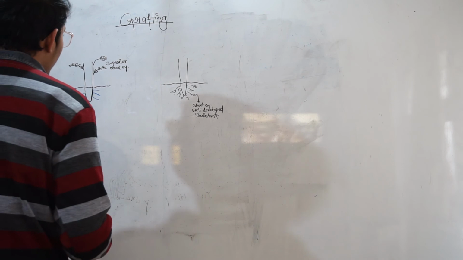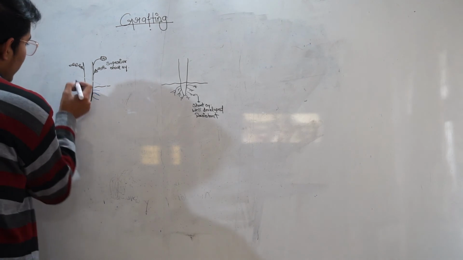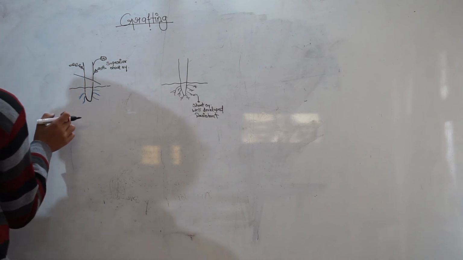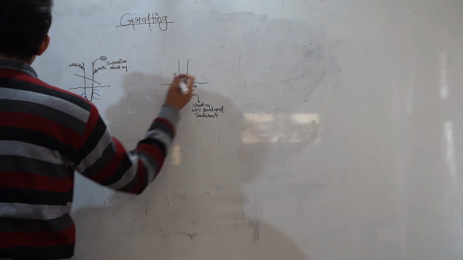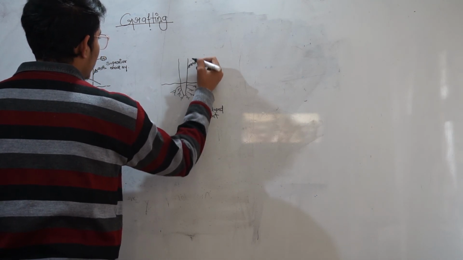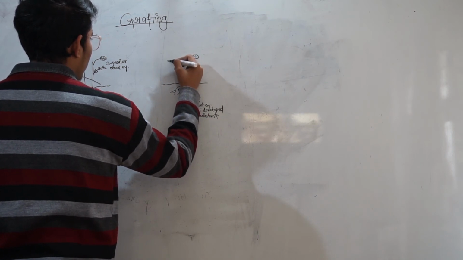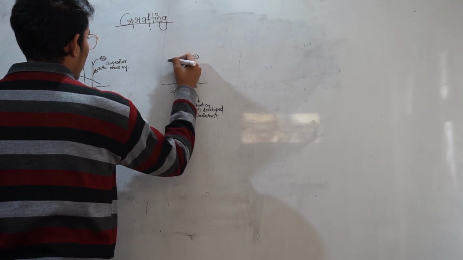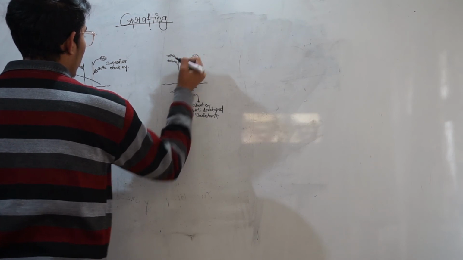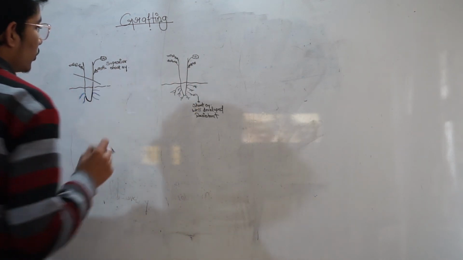Now let's say this part of the plant is cut. Yes, we take this shoot system part, and from this plant we take the root part.